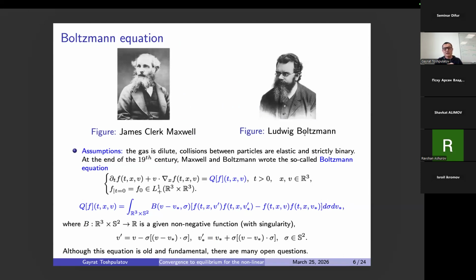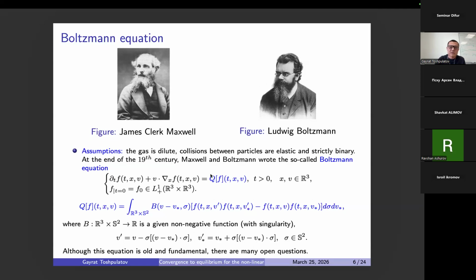And if we neglect collisions of three or more particles at the same time, so we assume only two particles can collide at the same time, and we neglect the collisions of three and more particles.